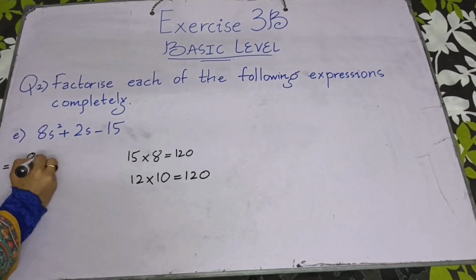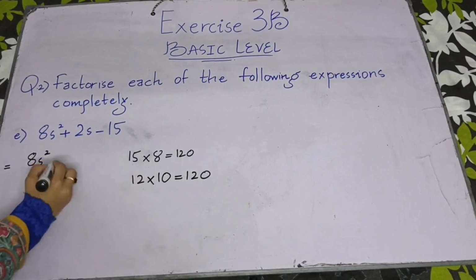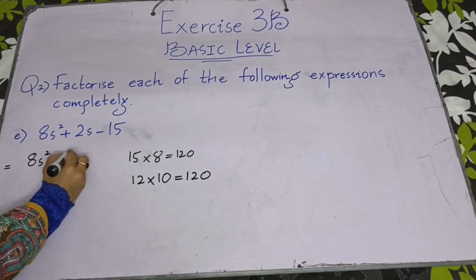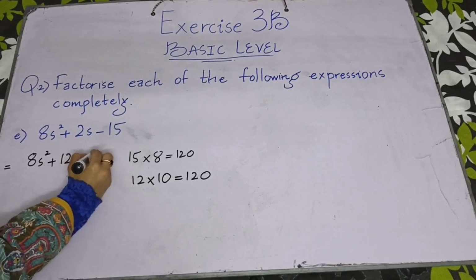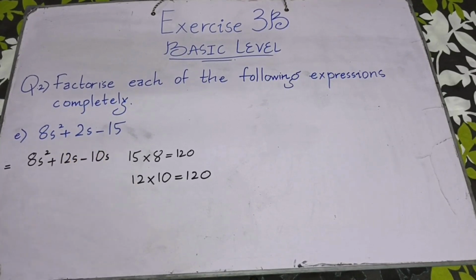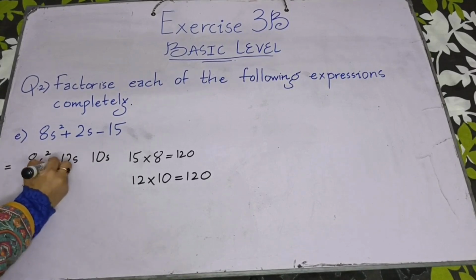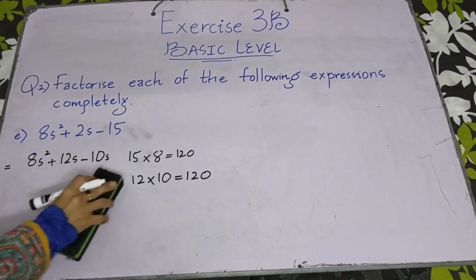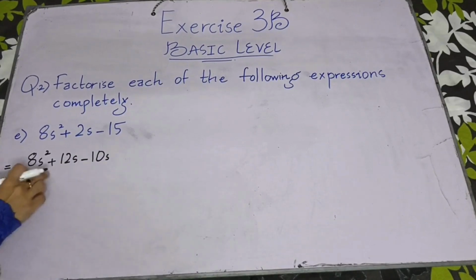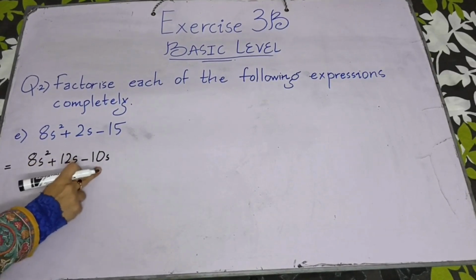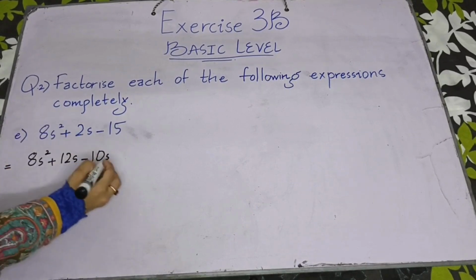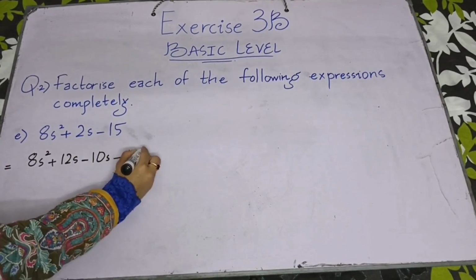8s square plus 12s minus 10s. Now plus sign will be with the greater number, and minus sign will be with the smaller number. Plus 12 minus 10 is 2, sign of the greater number plus, minus 15.